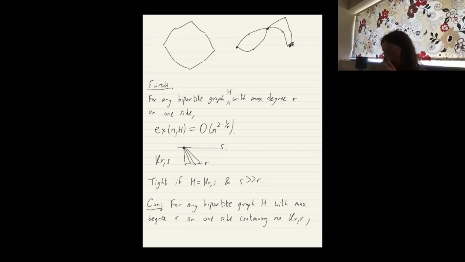Basically what we conjectured is that in the same situation, where we have max degree r on one side but it doesn't contain the complete bipartite K_{r,r}, you can get a power saving. So the extremal number of H is big O of n^(2 - 1/r - delta) for some delta greater than 0, depending on H.